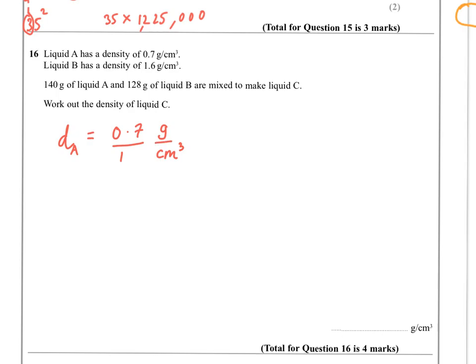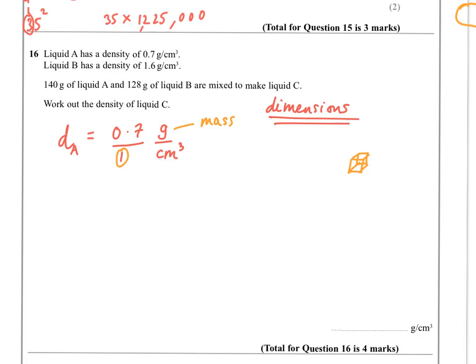Now I've written it like that because of the dimensions, and I've done this in a previous video. The dimensions tell us what we're talking about here, because grams is the mass, and this 1 centimetre cube, which you can almost see if I draw one for you, tells you that in 1 centimetre cube you've got 0.7 grams.